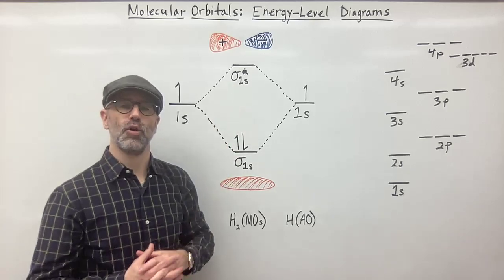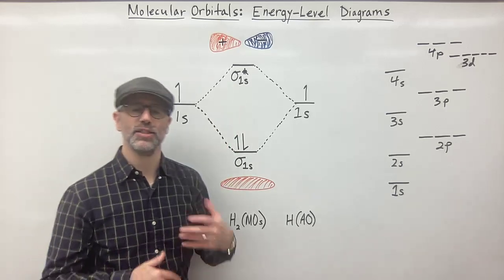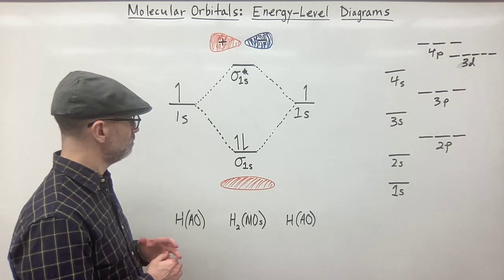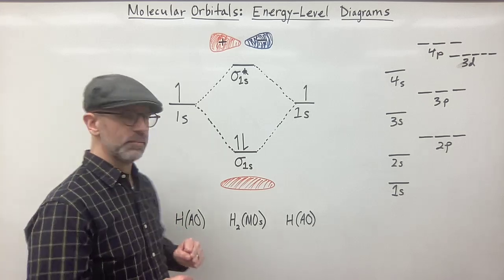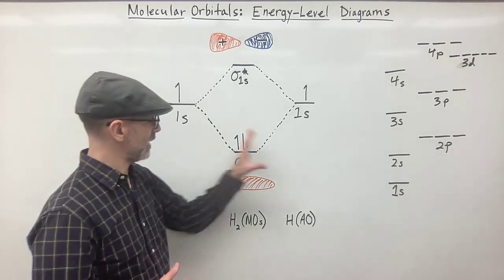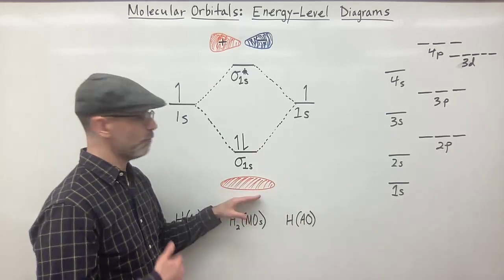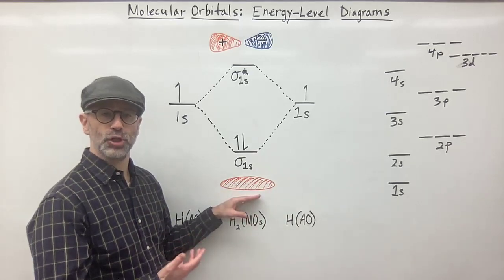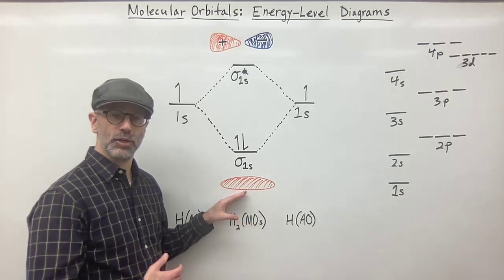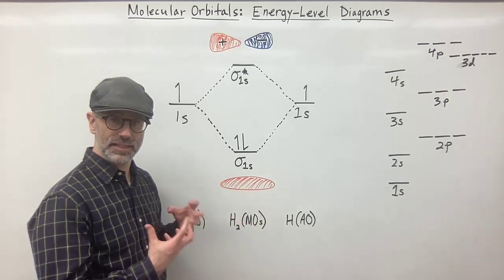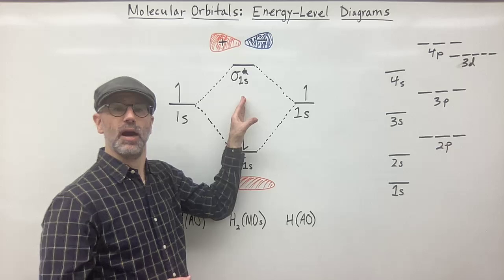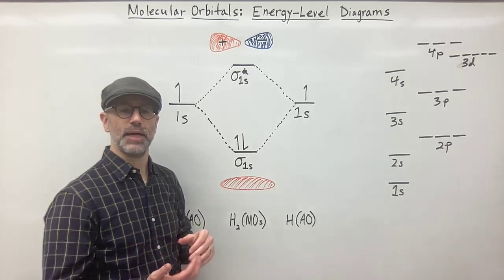And antibonding orbitals have a disrupting effect, or another way to put it is a destabilizing effect. So to form that bond, the bonding molecular orbitals are going to stabilize the bond between the atoms. The anti-bonding orbitals are going to have a destabilizing effect.